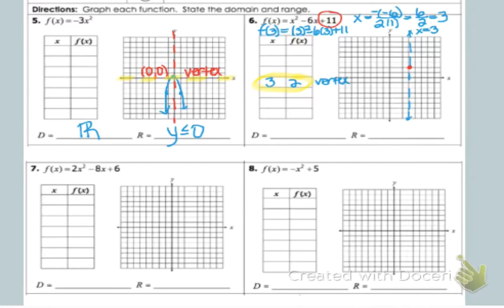So if I were to go back a few from my vertex, so 2, 1, 0, and I plugged in 0, I'd actually get 11. That turns out to be the y-intercept. So that point is on the y-axis, and in this case it's not a real convenient one to graph. I mean, we could extend out the axis and put it on there. And it would be approximately up here, right there.